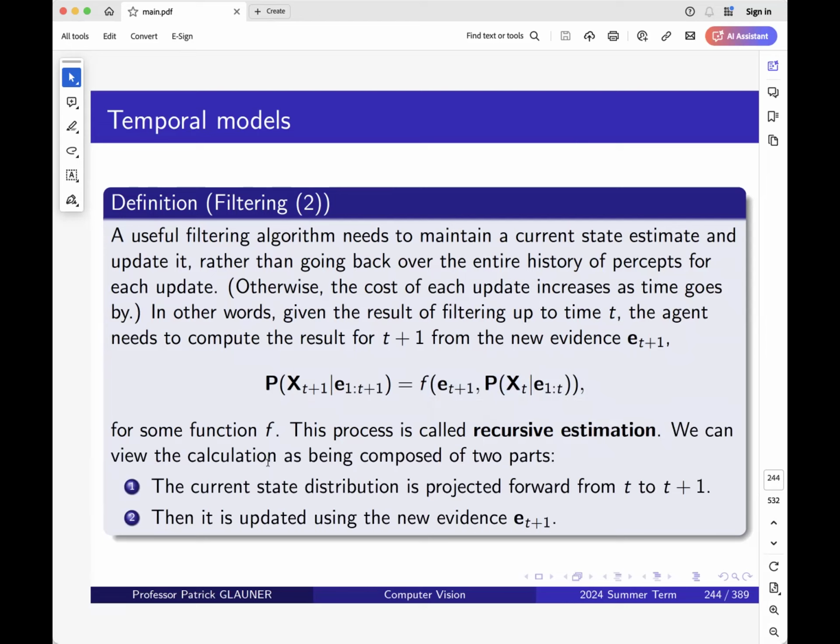Our 2 steps are: we want to look at the current state distribution and project it forward from t to t plus 1. And then we want to update it using that new evidence. So we project forward given our transition model, and then we plug in the evidence through the sensor model, which are the 2 key components we revised today and discussed in last week's lecture.